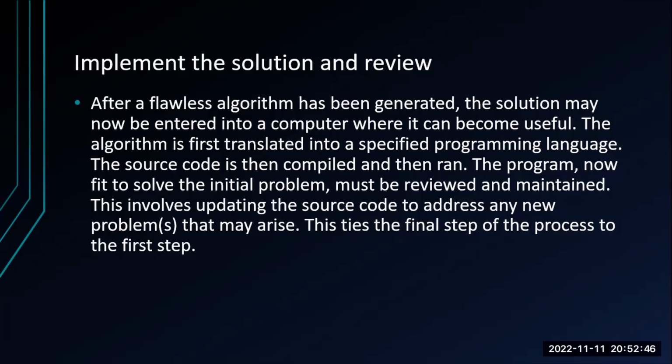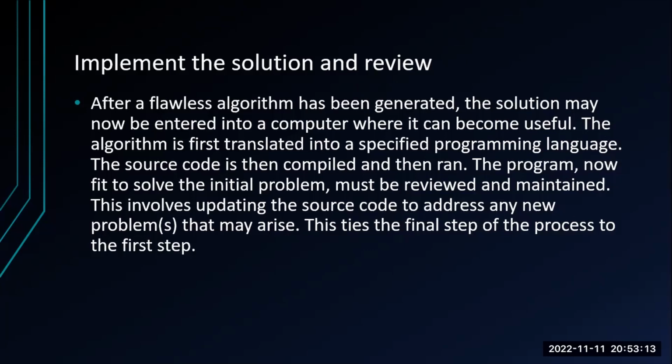This involves updating the source code to address any problems that may arise, or if new functionalities need to be added to the program, or if a functionality has since become outdated and thus needs to be updated.